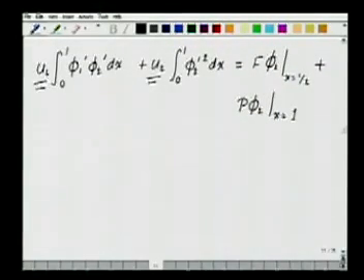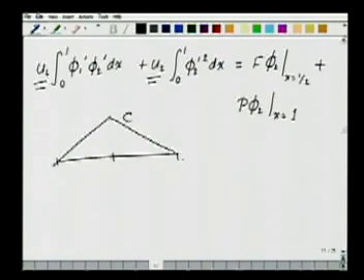Okay. So let us now define these functions, phi 1. If you look at this function phi 1, what does it do? It is linear in this part from 0 to half, linear in this part from half to 1, and it is continuous at the point x equal to half.